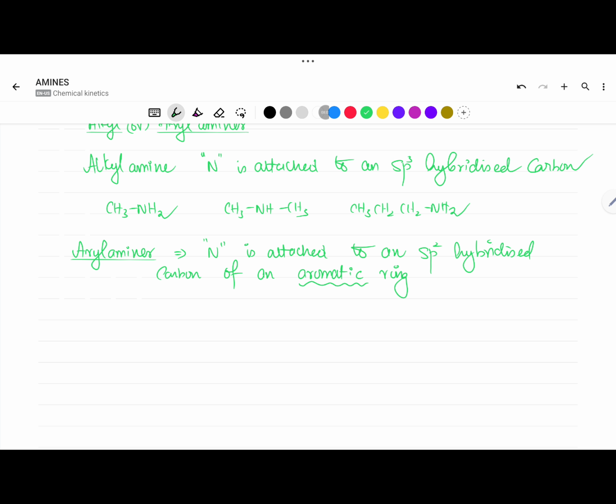This is very, very important. So it should be attached to an sp2 hybridized carbon of an aromatic ring. So what is the meaning of that? We'll try to understand, children.